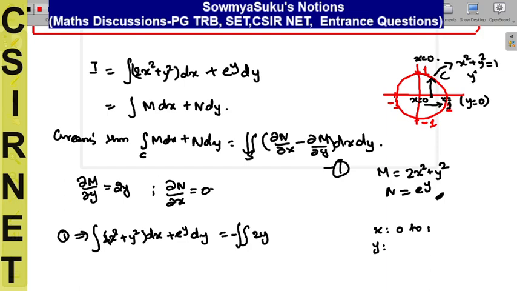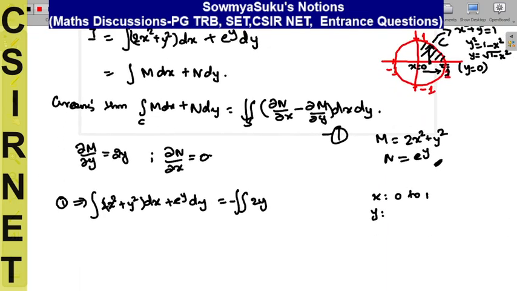So y² is 1 minus x², so y is equal to plus or minus root of 1 minus x². In the question it is given to take only the first quadrant, so you have to take the positive one, that is 0 to root of 1 minus x². So x varies from 0 to 1 and y varies from 0 to root of 1 minus x².